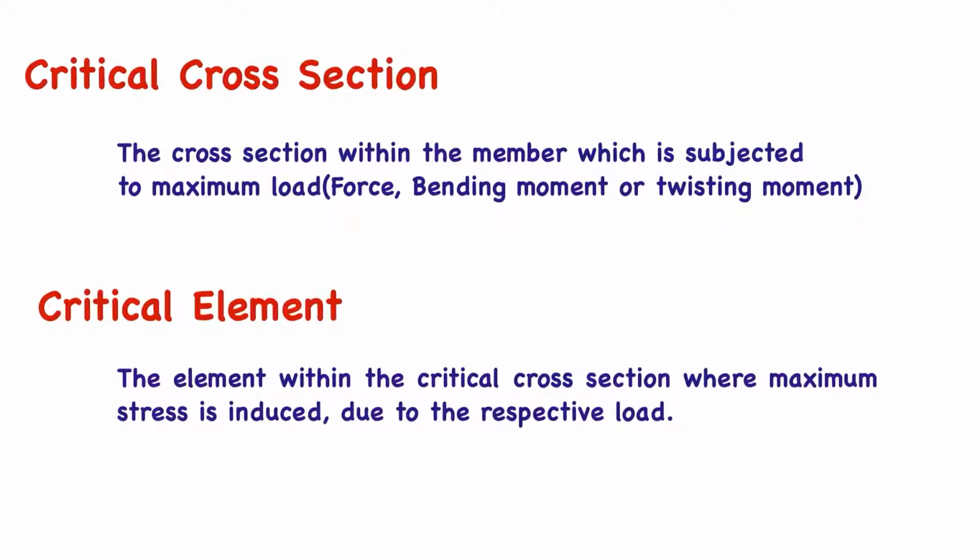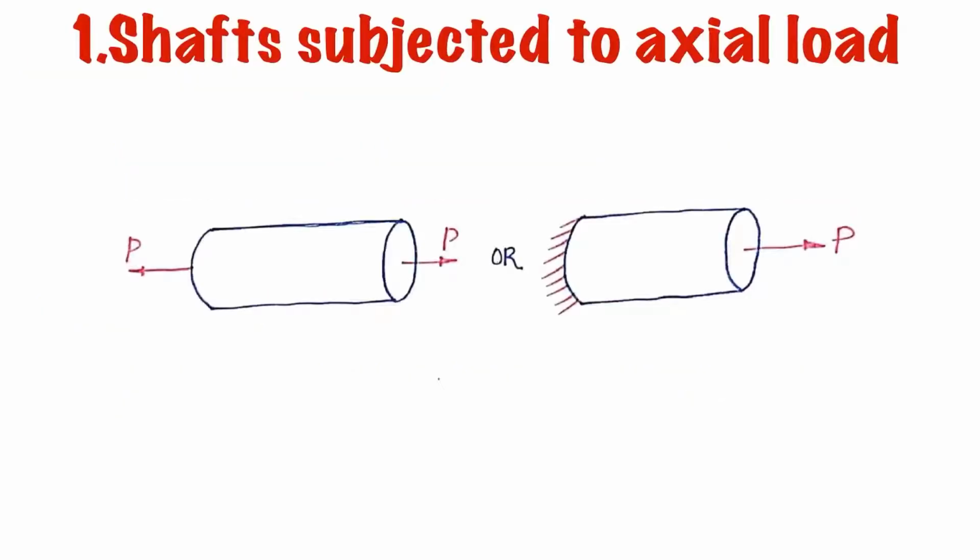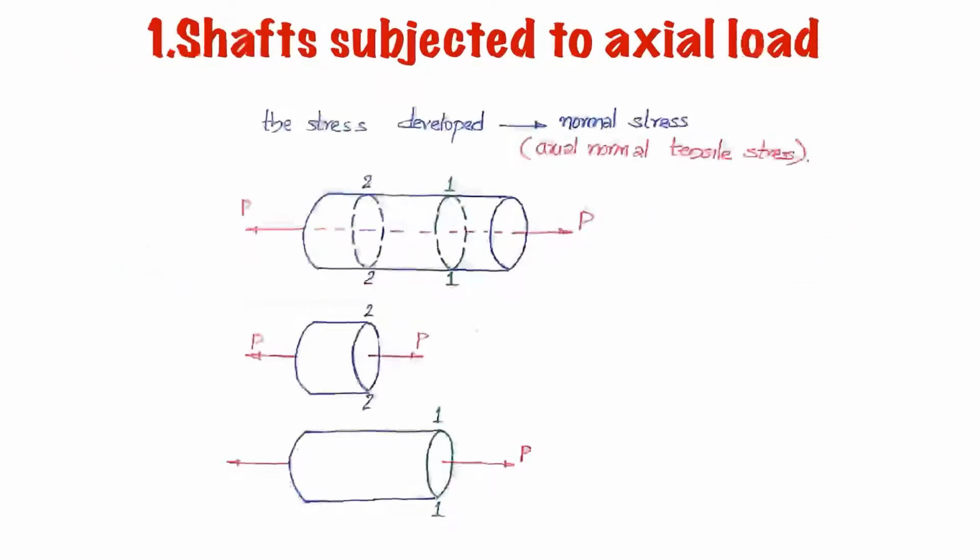For that, you will be taking the different types of load that we already studied, which are force, bending moment and torque. So you will be looking at the shaft subjected to force or axial load. The loading diagram is shown. So here we have to identify the critical cross section where load is maximum, where the axial force is maximum.